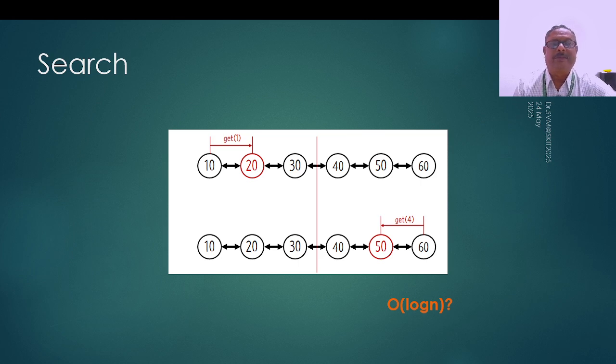Therefore, it's impossible to get an order of log n time complexity in the case of linked lists, even in the case of a doubly linked list. Yes, it can be order of n by 2, but n by 2 also is considered to be order of n only.